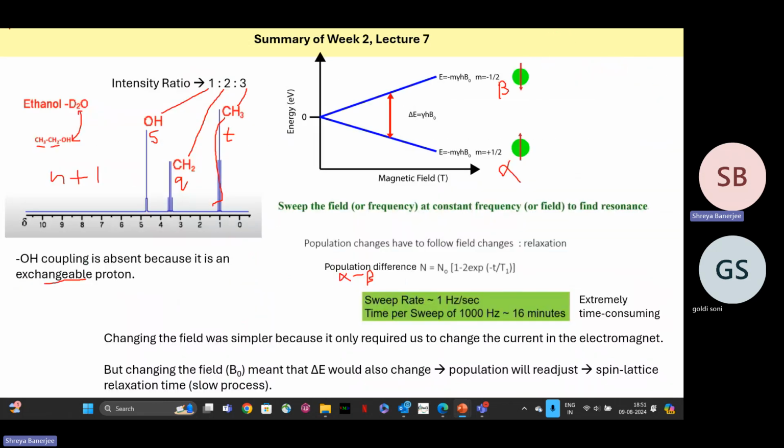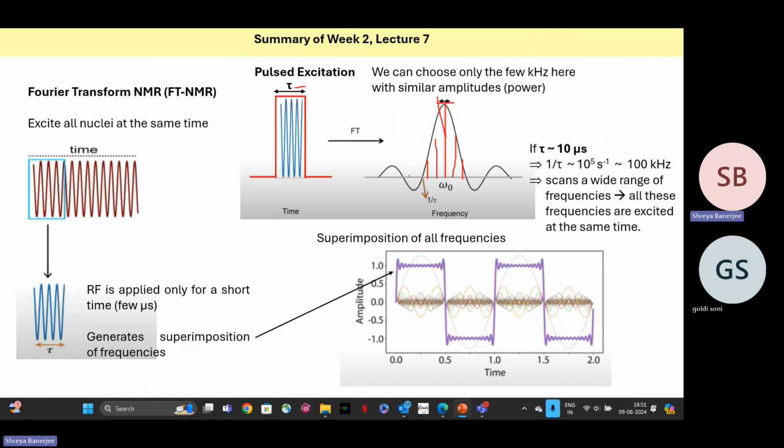Earlier, what did we see? That in order to scan 1000 hertz, which is just 1 kilohertz, it was taking 16 minutes. And now by using this kind of Fourier transform, we can scan 100 kilohertz in 10 microseconds.